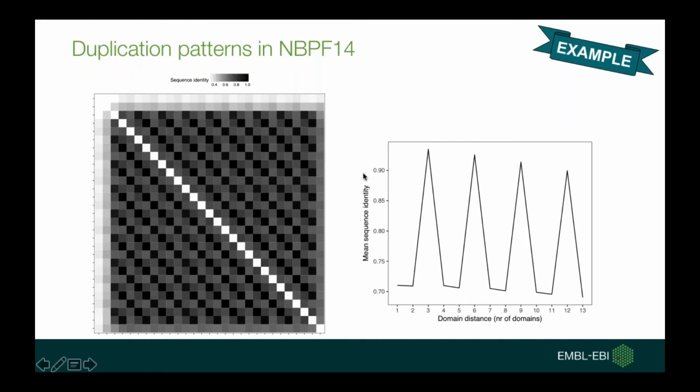These 3 domain units can be seen by the maximums in this autocorrelation vector plot, and they can also be seen by the diagonals in the matrix.